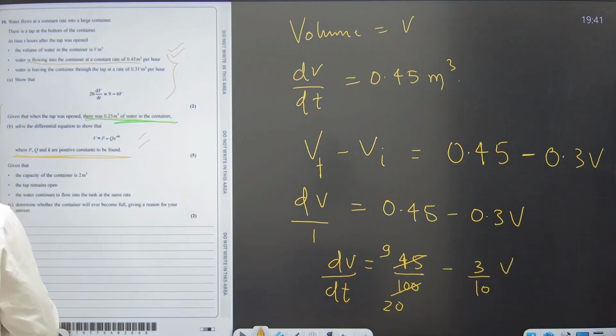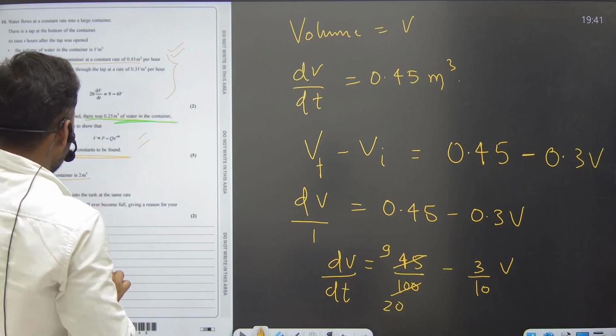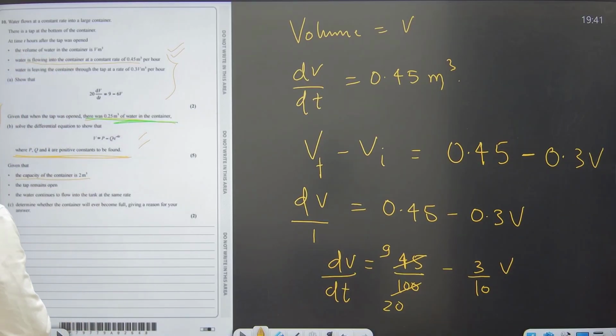According to the question, for the C part, the capacity of the container is 2 meter cube, the tap remains open, and the water continues to flow into the tank at the same rate. Determine whether the container will ever become full, giving a reason for your answer.